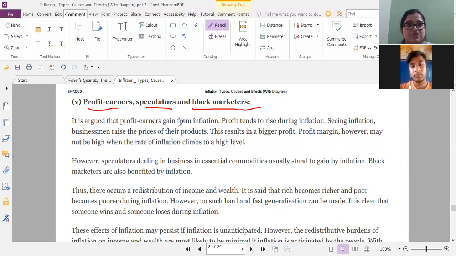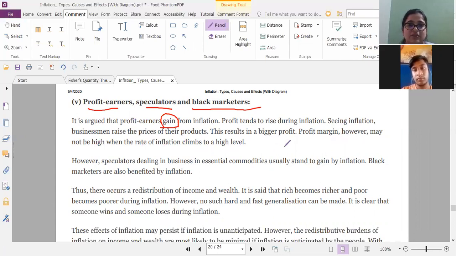Profit tends to rise during inflation. Seeing inflation, businessmen raise the prices of their products. This results in a bigger profit. Profit margin, however, may not be high when the rate of inflation climbs to a high level.